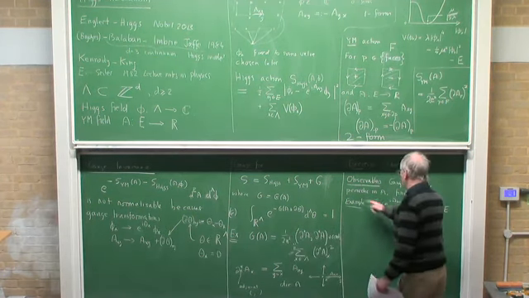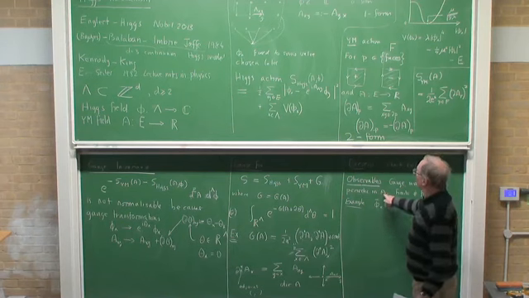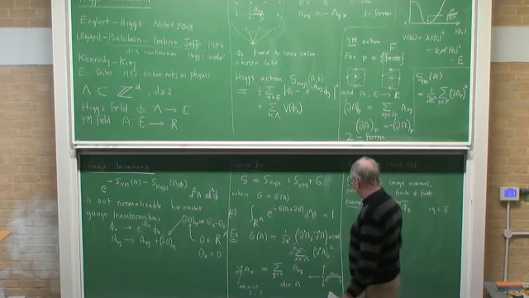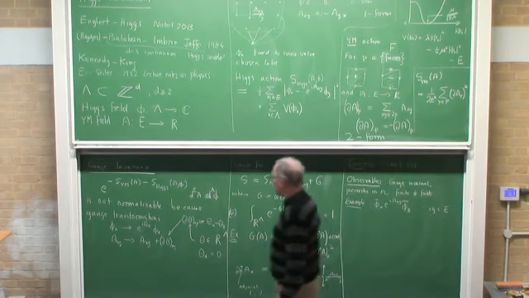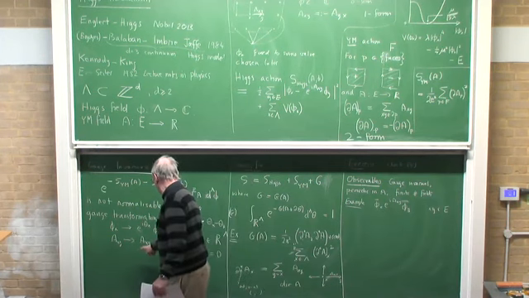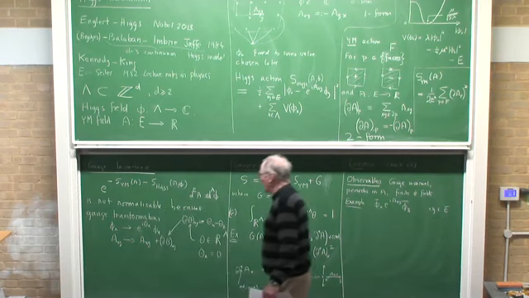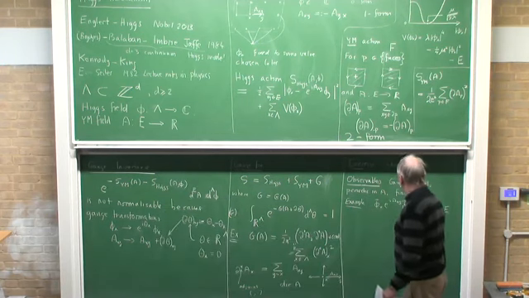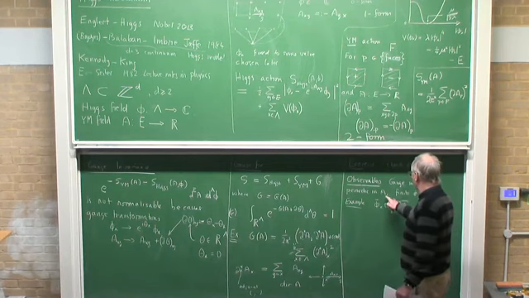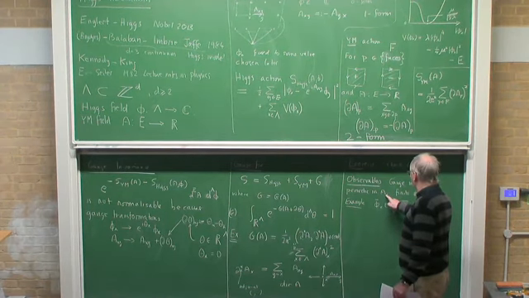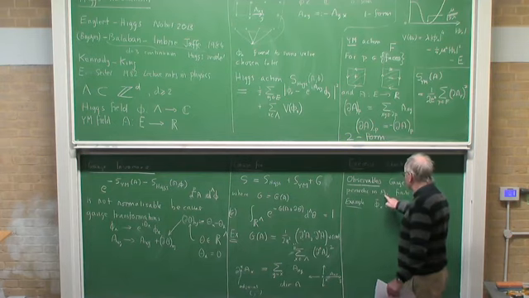Now, what about this periodic in A business? See, there's an e to the iA in this. Well, there isn't actually an e to the iA yet. So maybe I shouldn't have. Maybe I'll explain this in a moment when we get to the proof. But anyway, this is a condition.